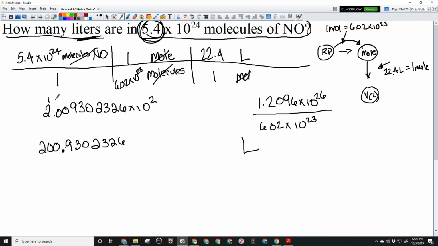So here's 1, here's 2. I need this 0 to tell me if I round, and 0 does not round, so all of these numbers I can drop off. So the answer is 2.0 times 10 to the second power.